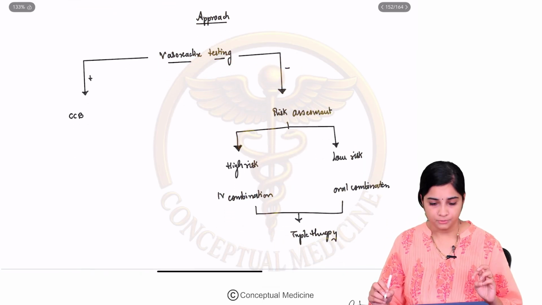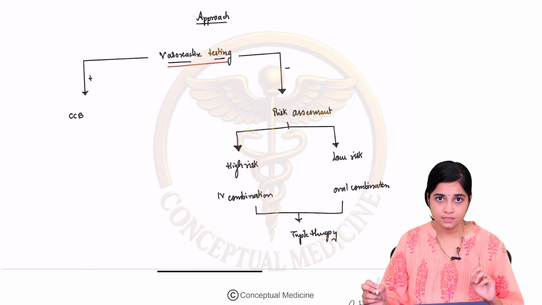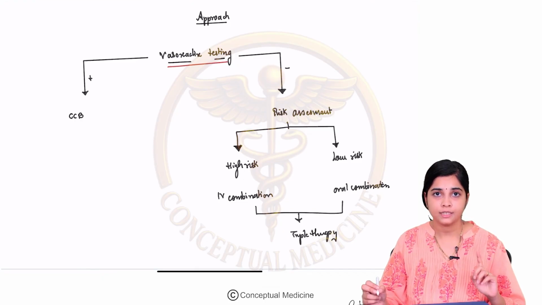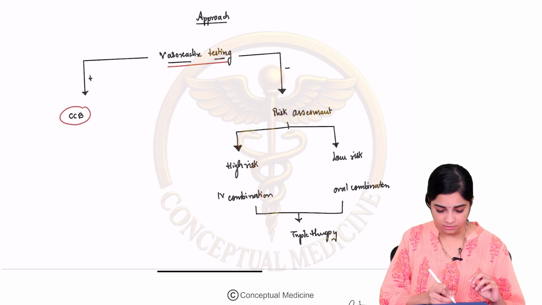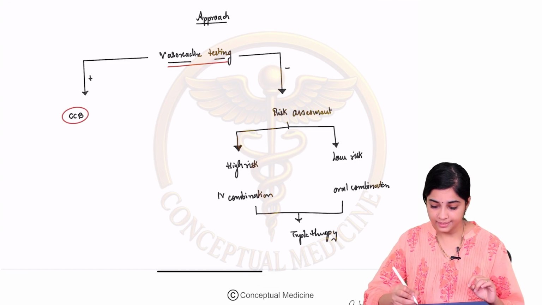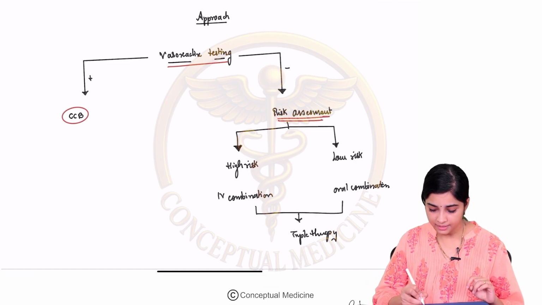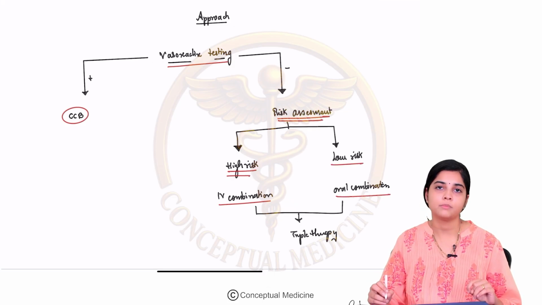So how do you approach? First you do the vasoreactive testing. If the vasoreactive testing is positive, then these candidates can receive treatment with calcium channel blockers. Now, if the vasoreactive testing is negative, then you do a risk assessment. In high risk groups, you do an IV combination therapy. In low risk groups, you do an oral combination therapy.